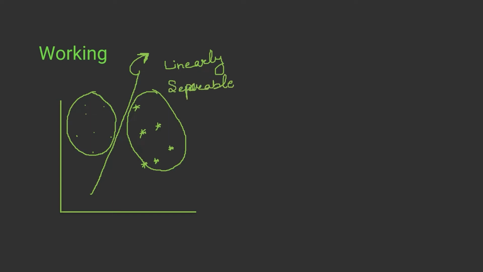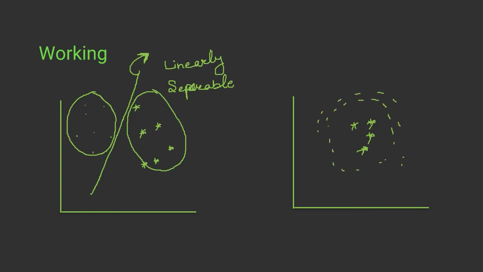Now I'll give you an example of non-linearly separable data. Suppose this is our data, and these are the data points of some different class. Now to separate these two data sets, we have to draw this hyperplane, right?